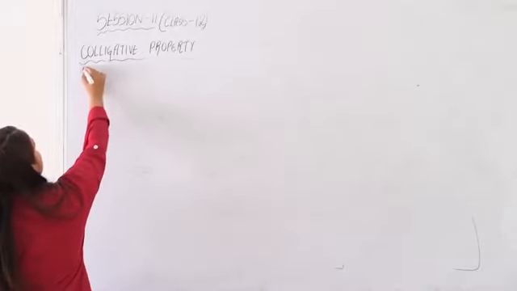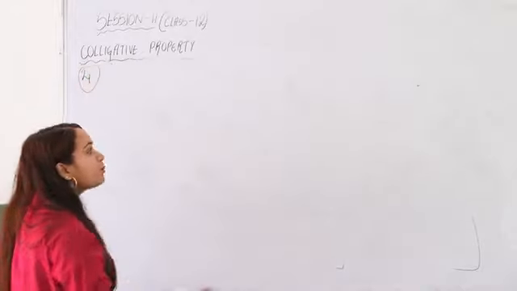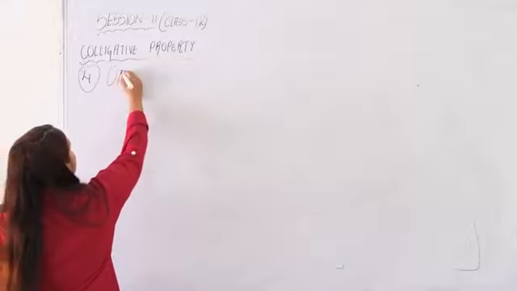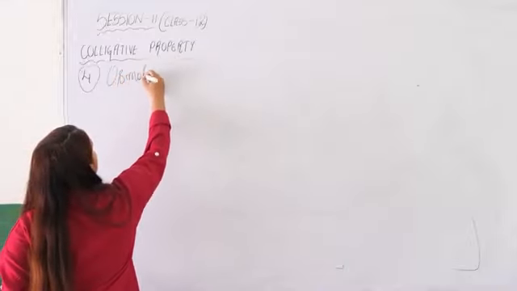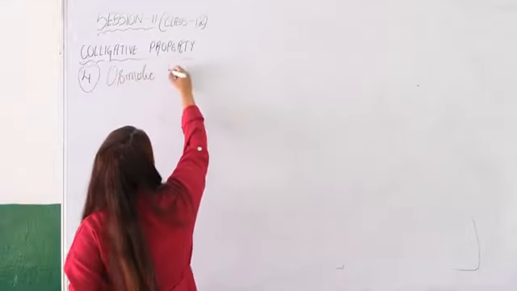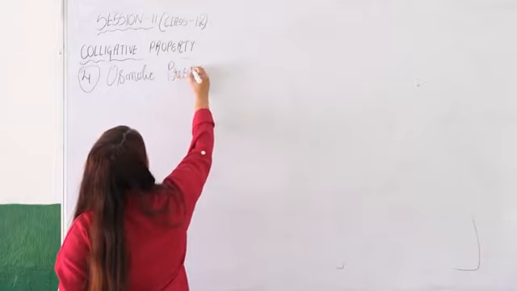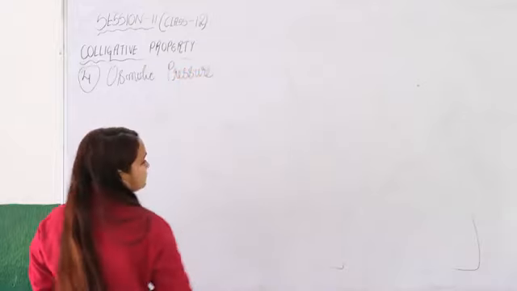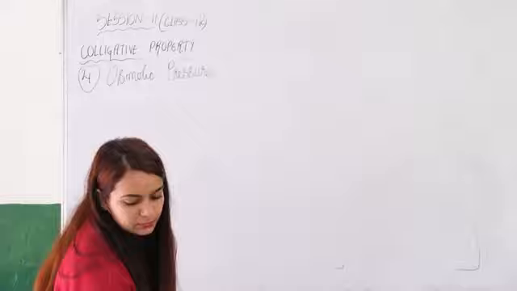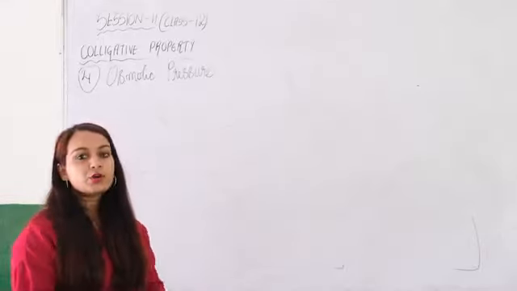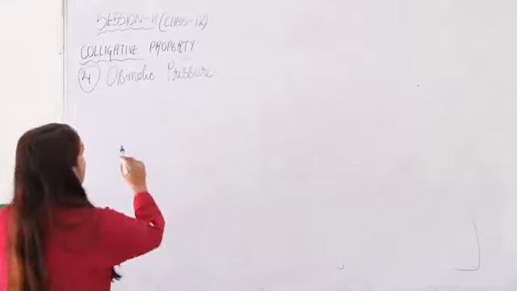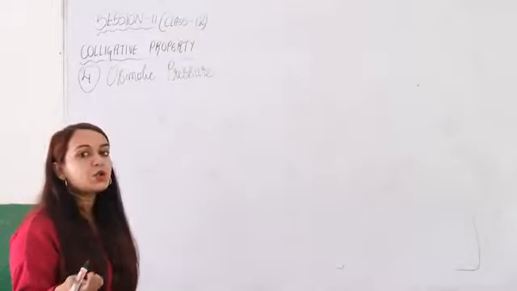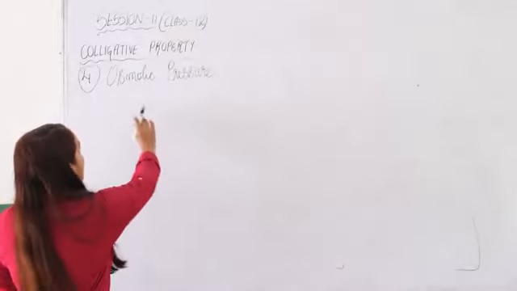Let us discuss the fourth colligative property, which is osmotic pressure. I'm sure in your biology you have come across osmosis. Even if you have not, I will be explaining, so don't worry.